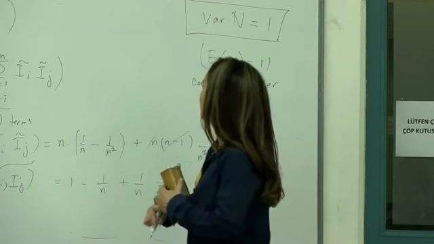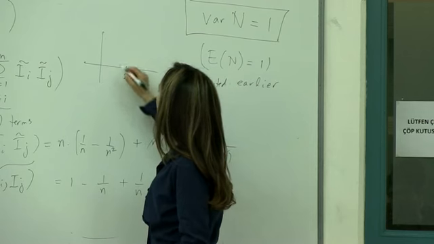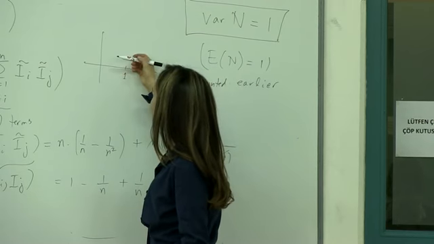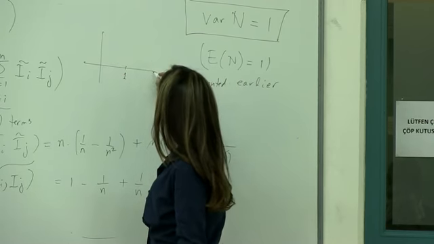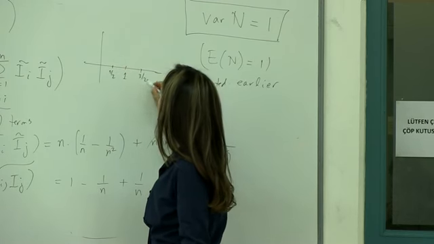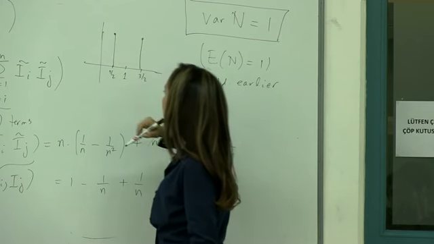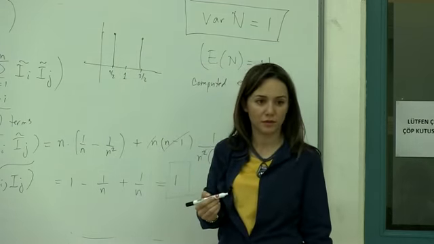Okay? For example, a very simple distribution. It has two probability masses at 1/2 and 3/2 of equal value, 1/2, 1/2. Its mean would be 1.